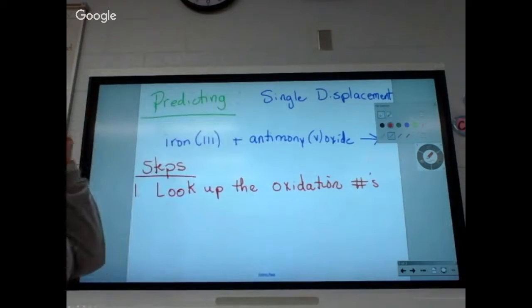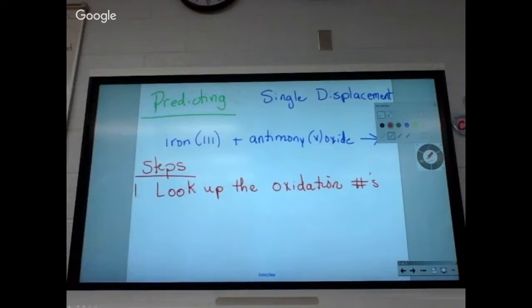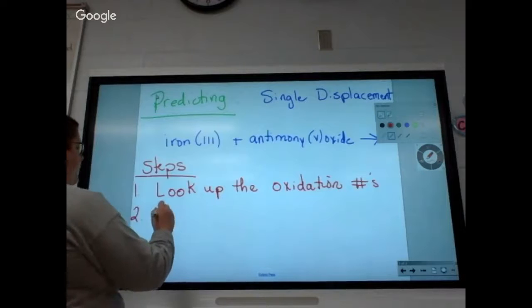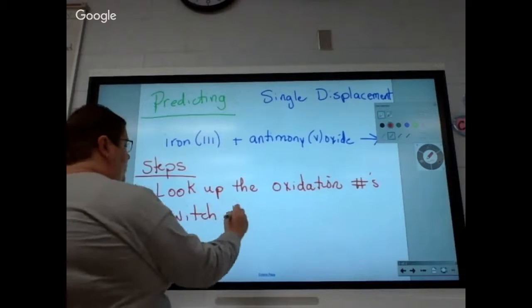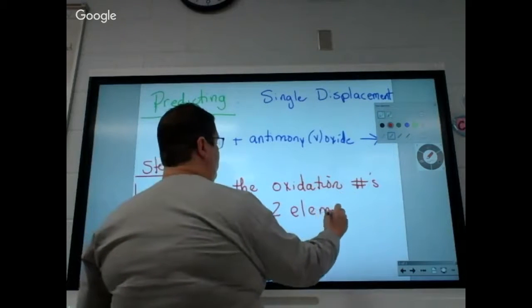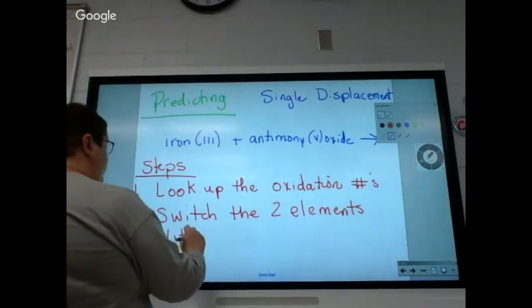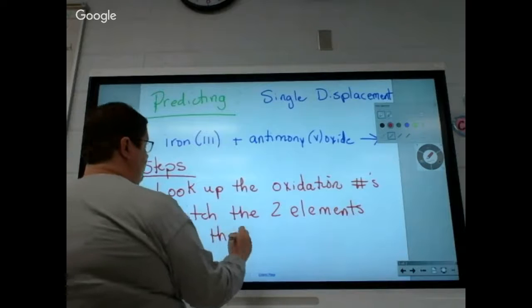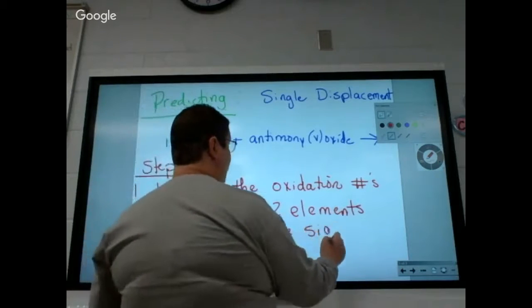Okay. Now, I'm also assuming that we've already written this into symbol form. I'm assuming we've done that. Okay. We're going to look up the oxidation numbers. Number two, we're going to switch the two elements with the same sign.